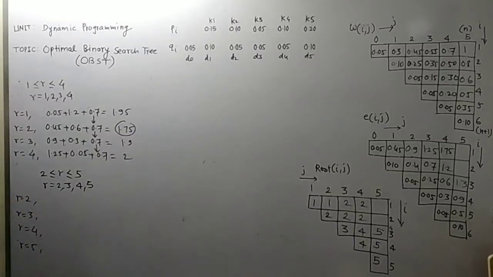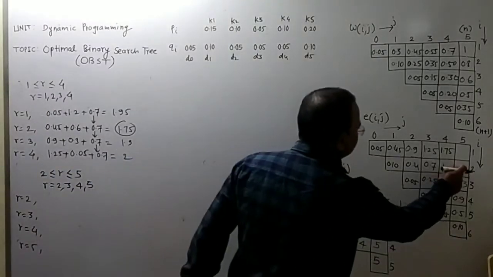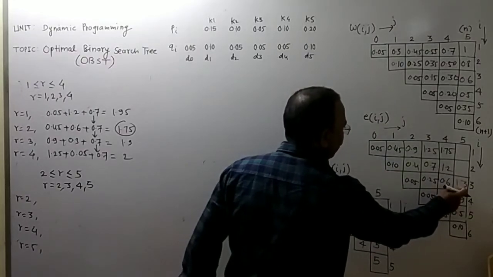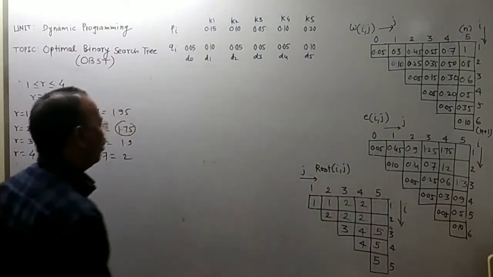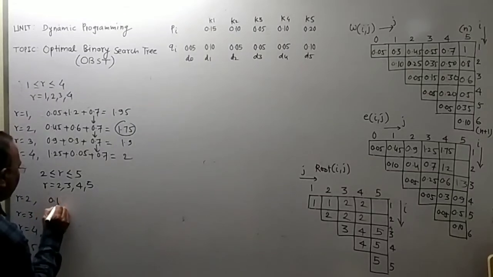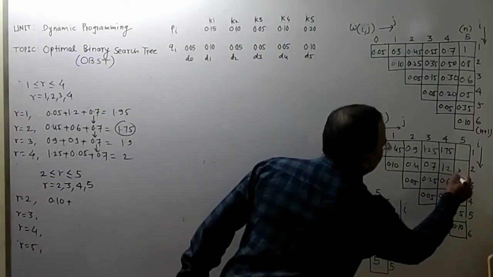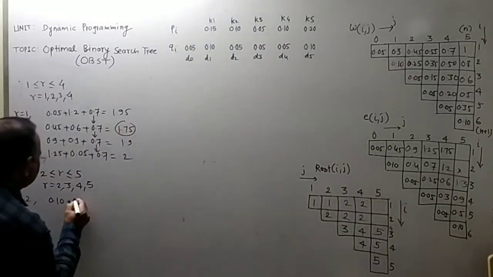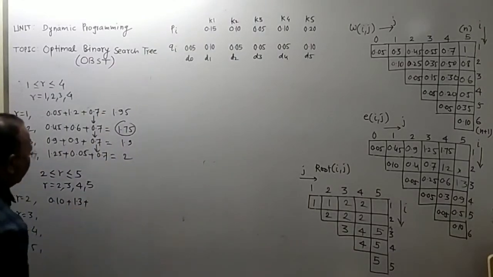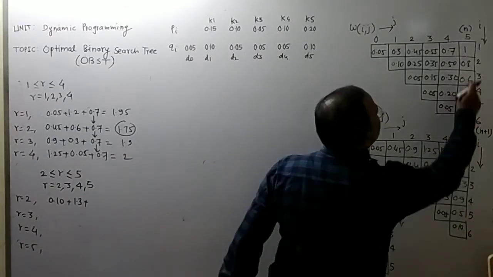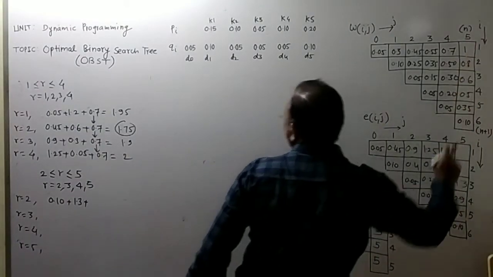For r is equal to 2, we have considered the last value on the left hand side and the first value on the down side, that is 0.10 plus 1.3 plus the w value at the 2, 5 place, that is 0.8, is equal to.